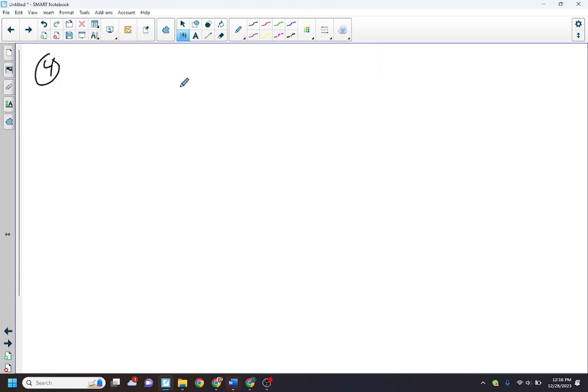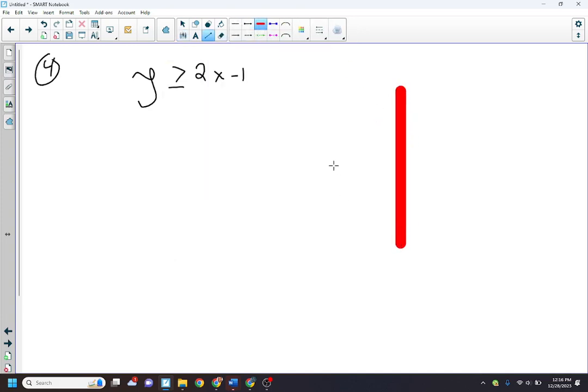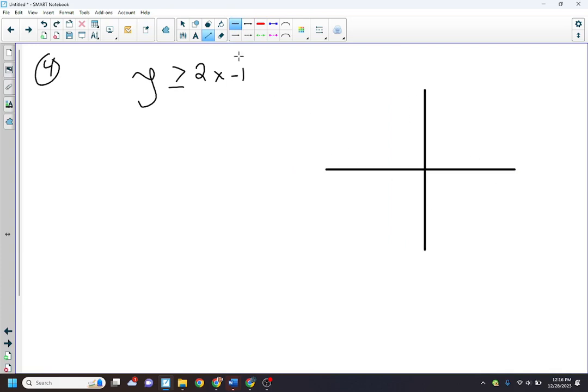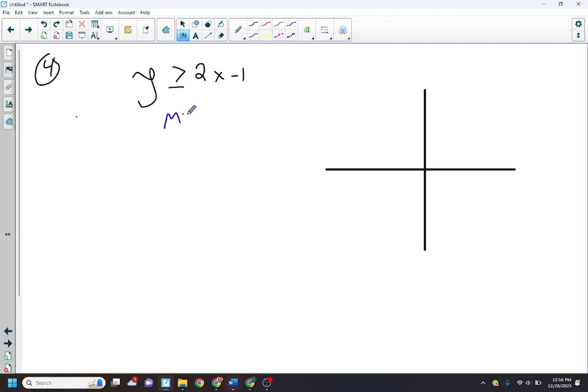The other thing we're doing is actually graphing. So let's say y is greater than or equal to 2x minus 1. In this scenario, remember your m is your slope, so 2 over 1.